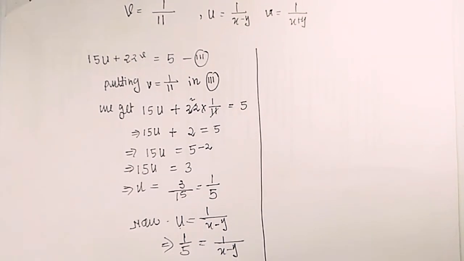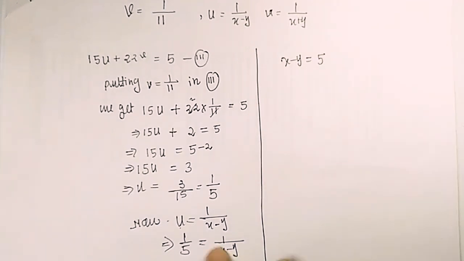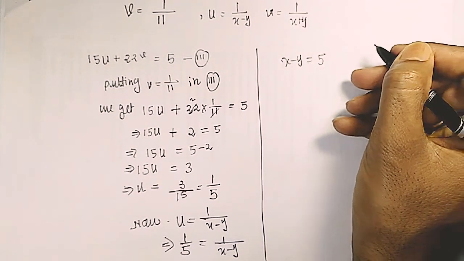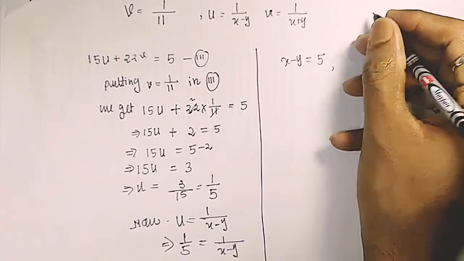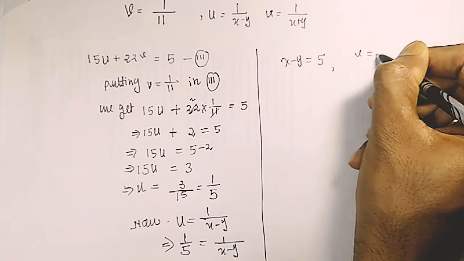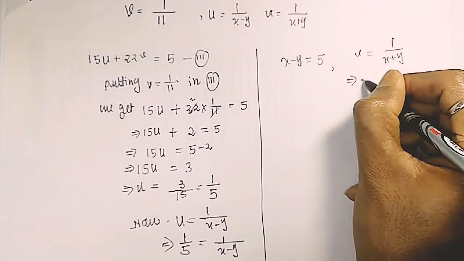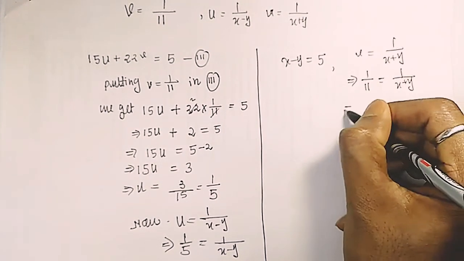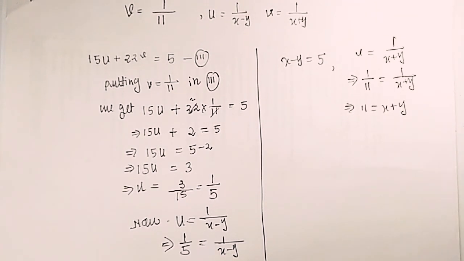From here, x minus y equals 5, simply cross multiplying: 1 into x minus y, 1 into 5. And v equals 1 by x plus y. So v is 1 by 11 equals 1 by x plus y. So 11 equals x plus y.